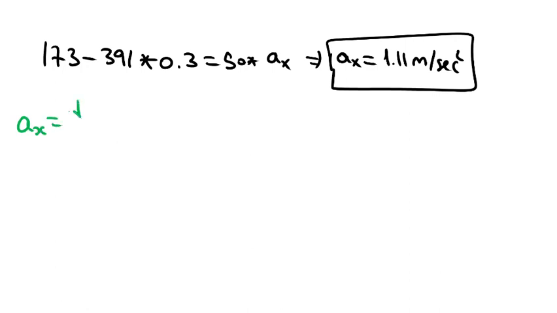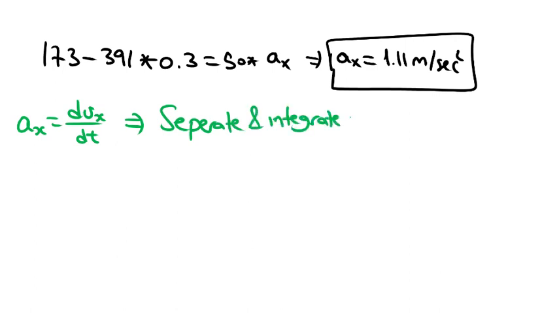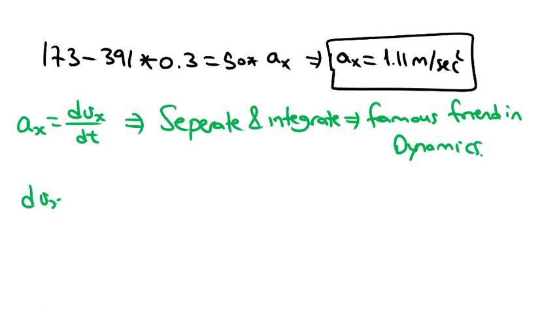I know that ax is dvx by dt. Then separate and integrate. This is the famous friend in dynamics. It follows that dvx is ax times dt.